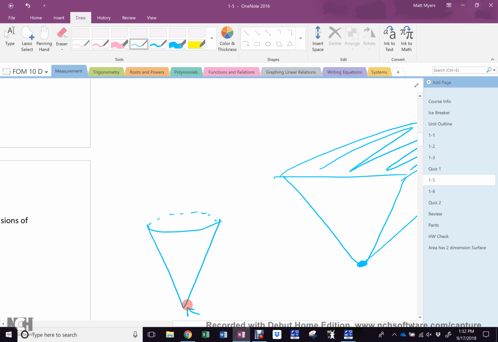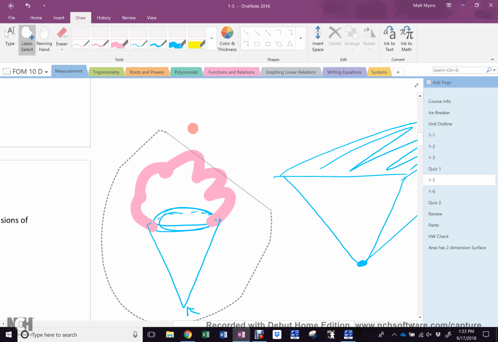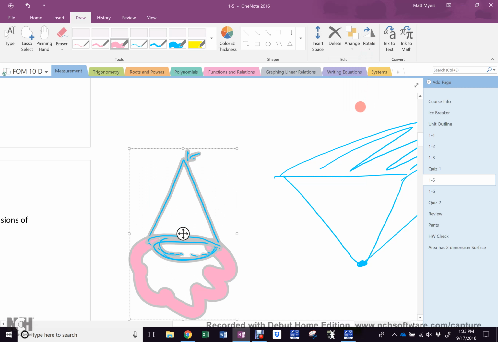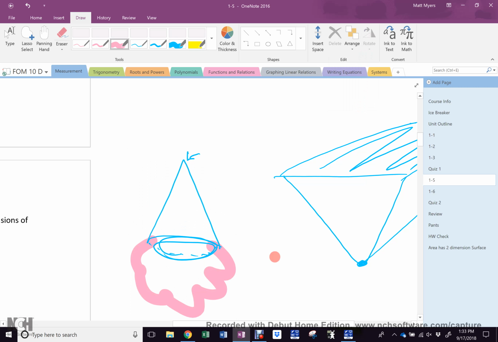Because what's the base? The circle, yeah? So if you insist on the circle being the bottom, then your ice cream cone would have to look like that. And that would be really hard and messy to eat because the ice cream would all fall out. Everybody understand? Base is not the bottom.